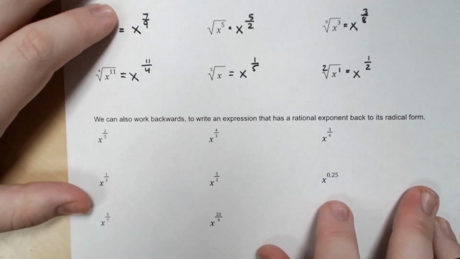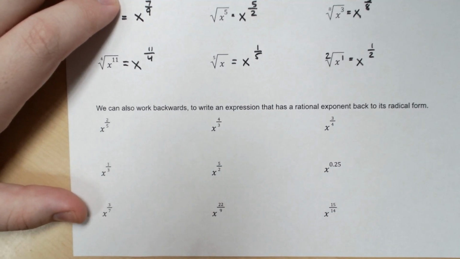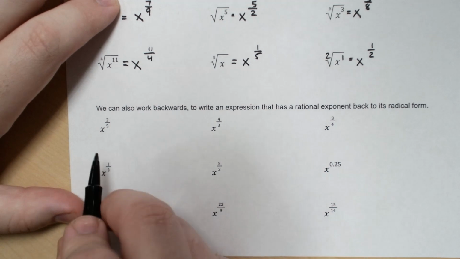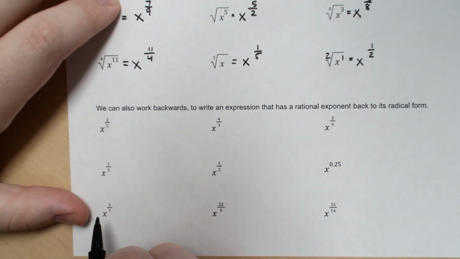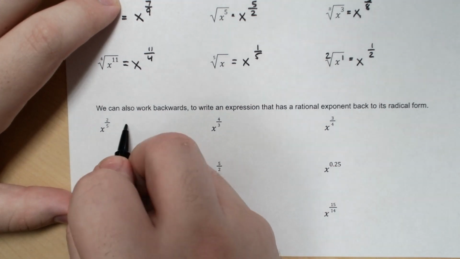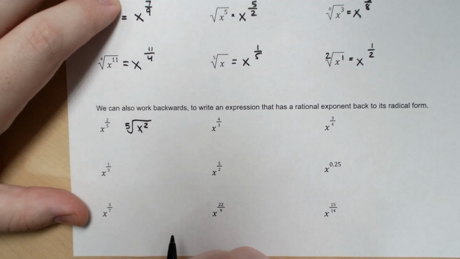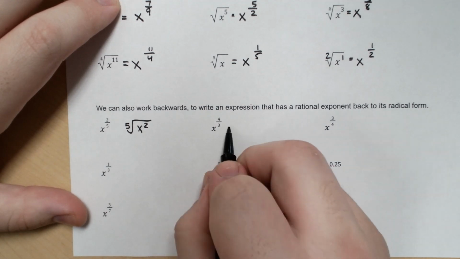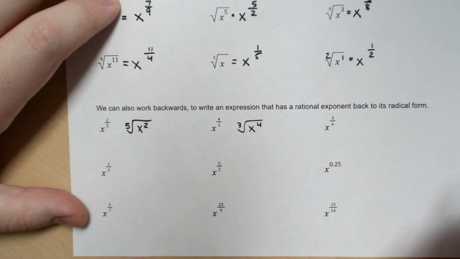We can also work backwards to write an expression that has a rational exponent back to its radical form. So x to the 2/5 power. The 5, the denominator, that's going to be our index. So we're going to call this the fifth root of x squared. The next one would be the cube root of x to the 4th power.